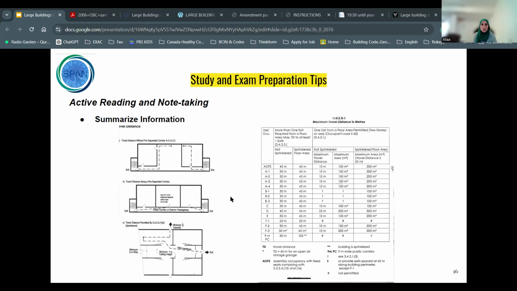Reading the code, highlighting, taking notes and summarizing took time. Maybe if you've already worked on large buildings in a firm and have that prior knowledge, the exam might take less time to study for, but not less than 3 months.